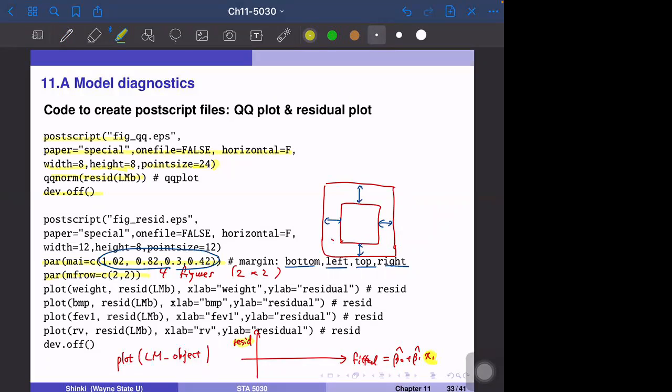And if we have multiple terms, then the meaning becomes vague. But at least we see the fitted value against residual. So if we have some pattern such as increasing variance of residual as the fitted value increases, then probably we need the log or square root transformation for y. So we get some information. Yeah, it's not the best, but actually we only have to make one residual plot if we use the fitted value. So that's why our output is only this graph.